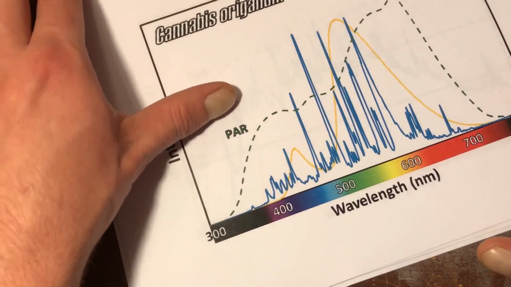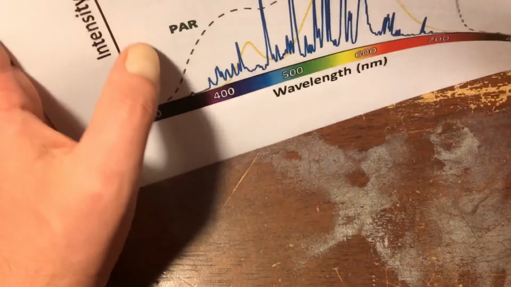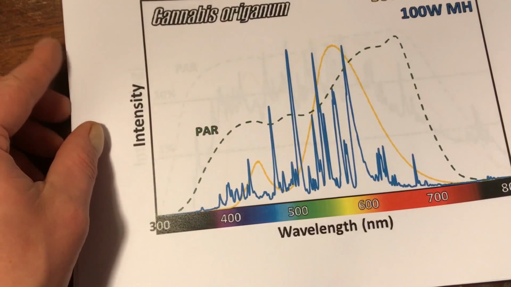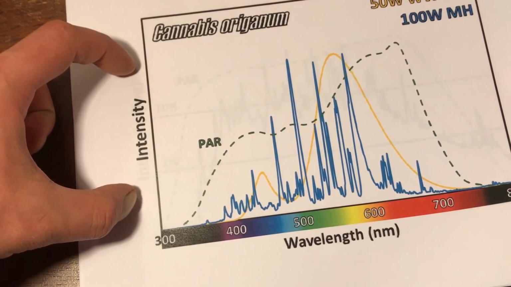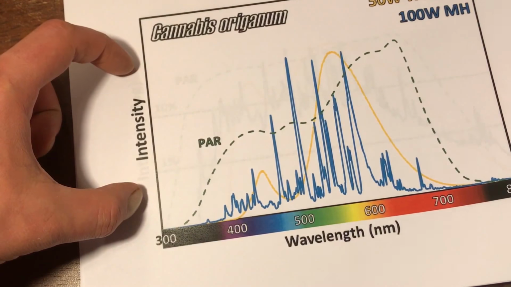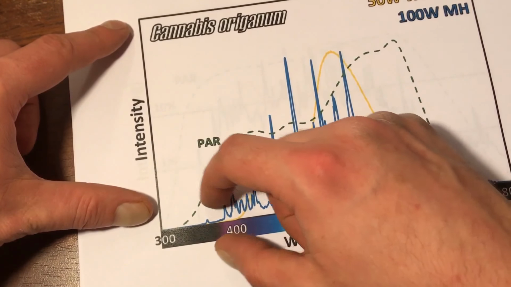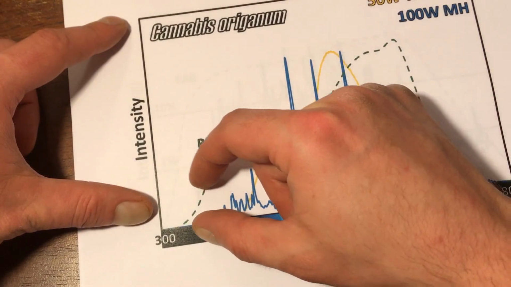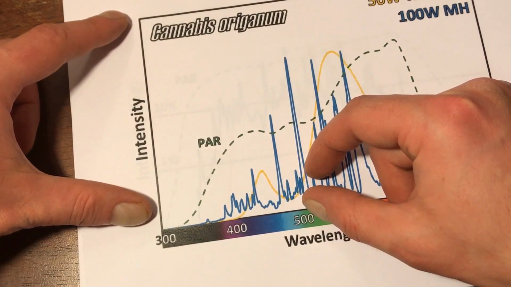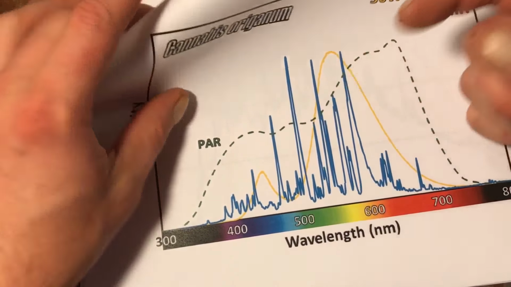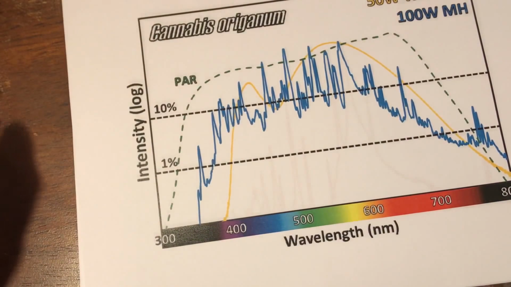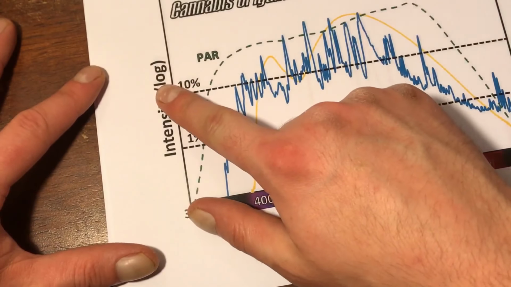That's a good way to look at it with the PAR, but an even better way is to go ahead and plot it on a logarithmic scale for the intensity. What that's going to do is basically magnify the detail of the lower percentages. And so when we do that, this is what we get. Again, we're on the log scale here.